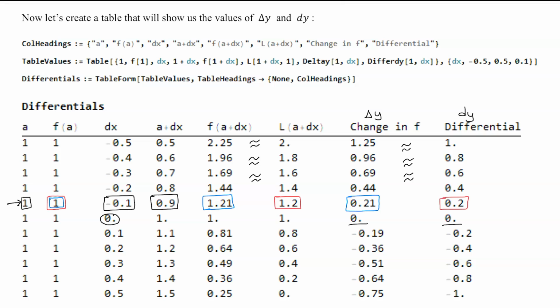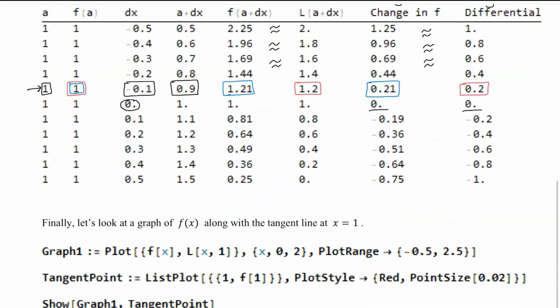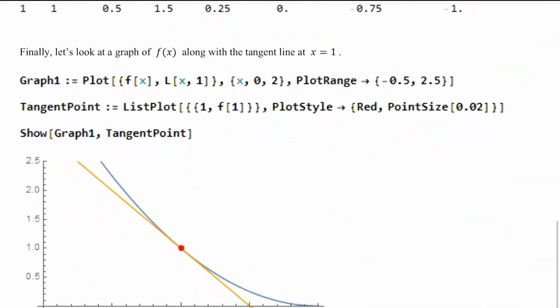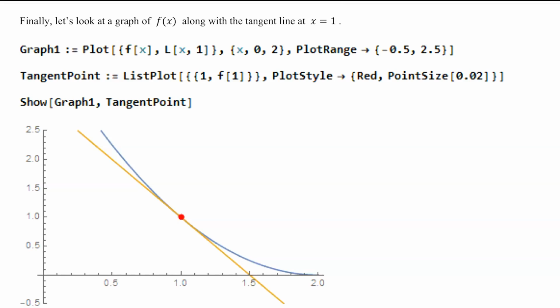As we move from the top of the table down toward that, the difference between f and L is getting less and less. My delta y and dy values are getting closer together, right? My dy value is getting closer to 0. As I work my way from the bottom of the table towards the middle, the same thing. The difference between the f and the L is getting smaller. The difference between the delta y and the dy is getting smaller.